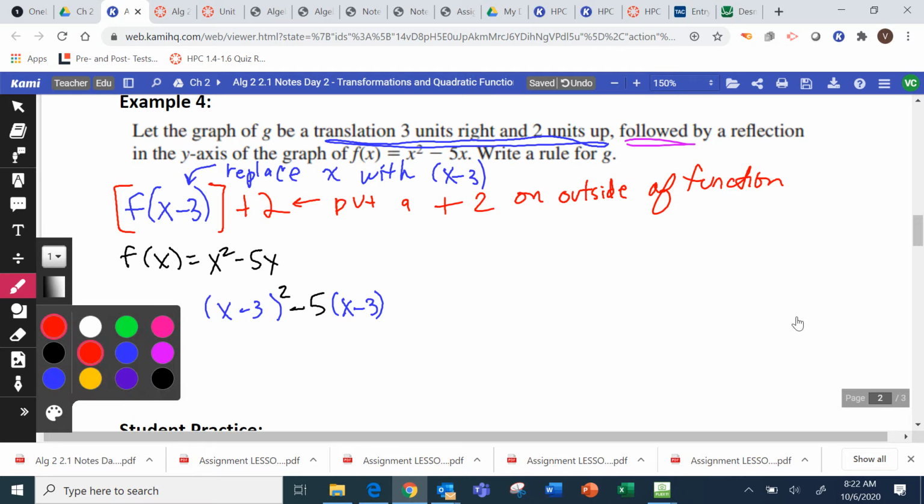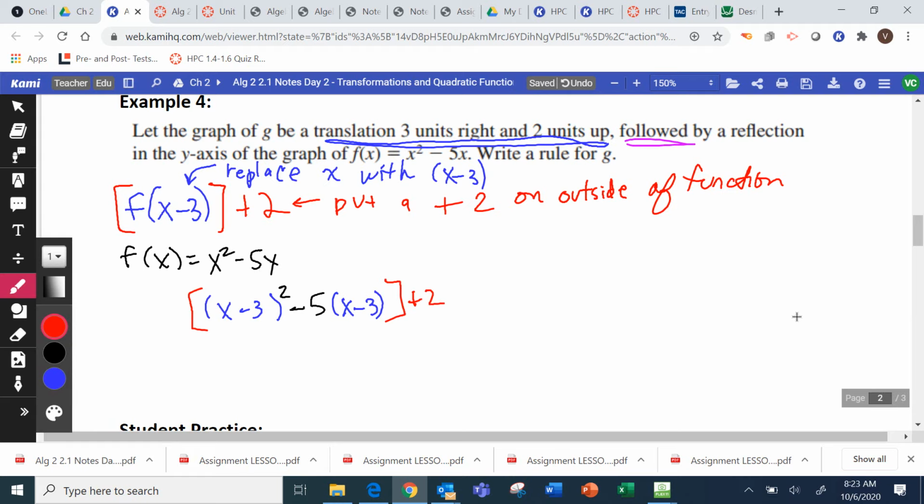And then on the outside of that, plus 2. You see how I put the plus 2 on the outside? How I replaced my x's with the x minus 3s?